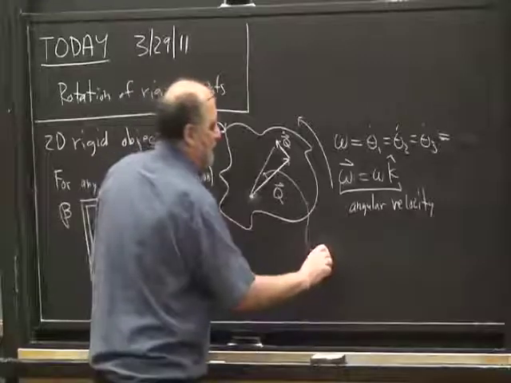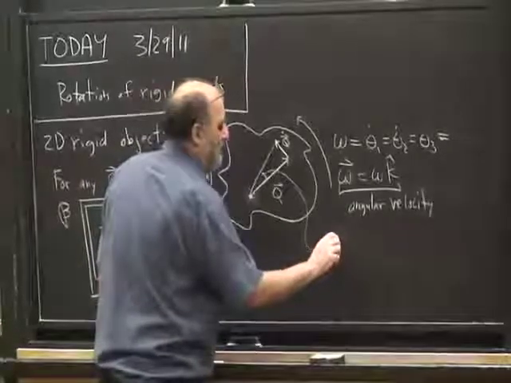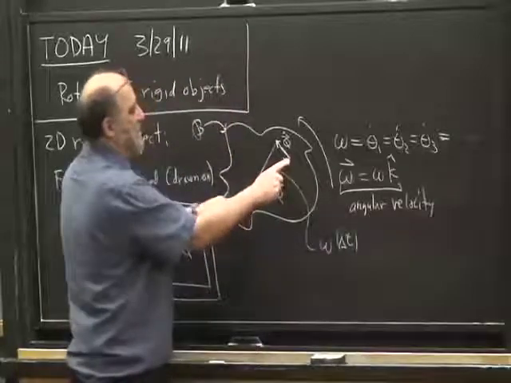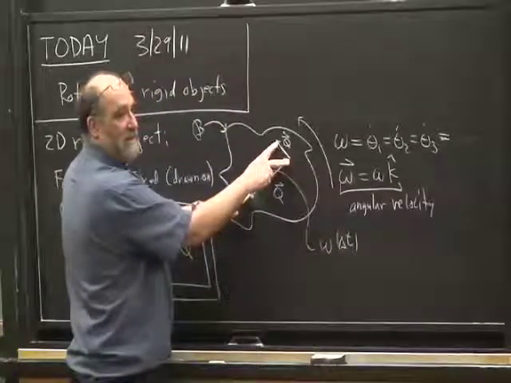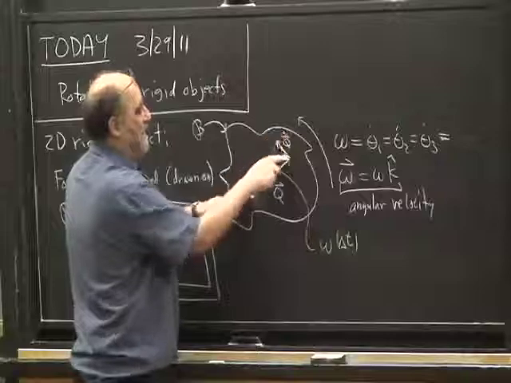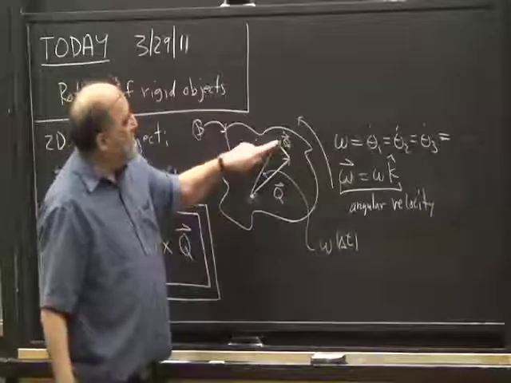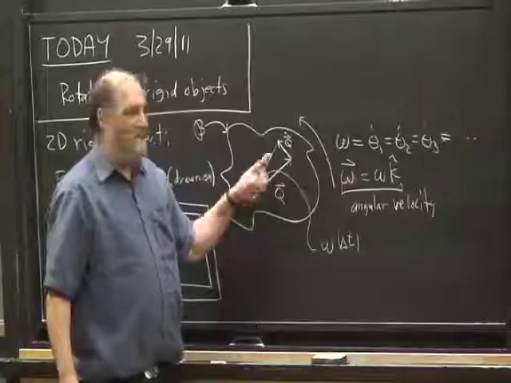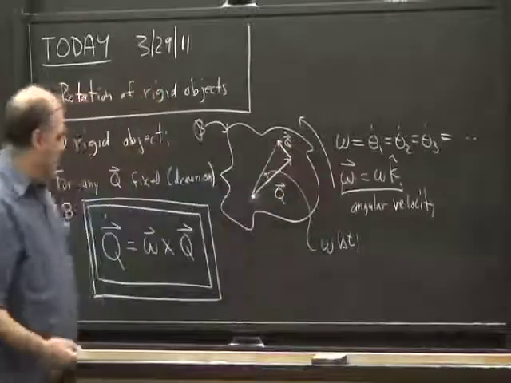How much does it rotate? It rotates by the angular velocity times a little bit of time. How much does this q vector change? It changes by delta q, or delta q divided by delta t. And so the rate of change of this vector is this vector itself multiplied by the rate of rotation in this perpendicular direction.